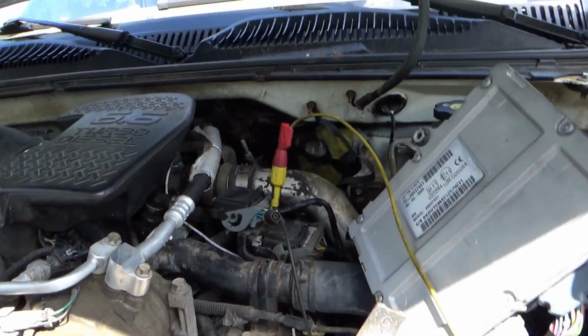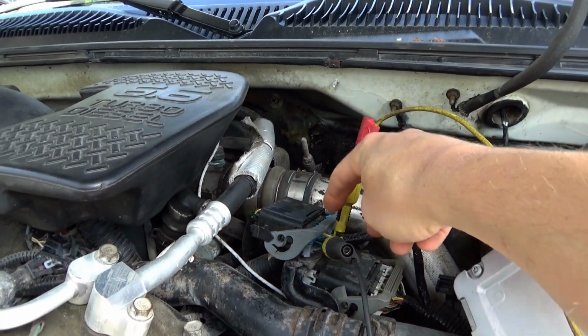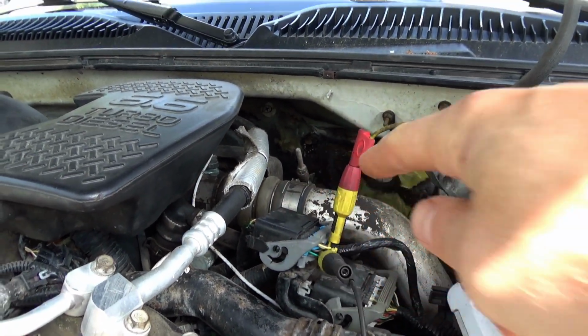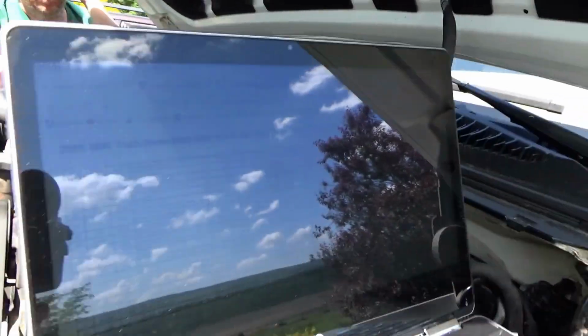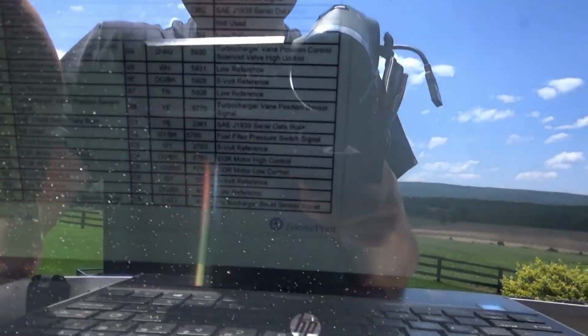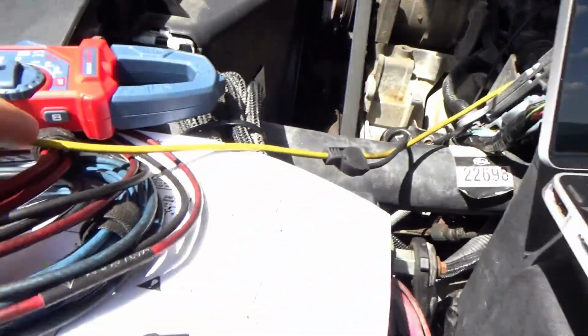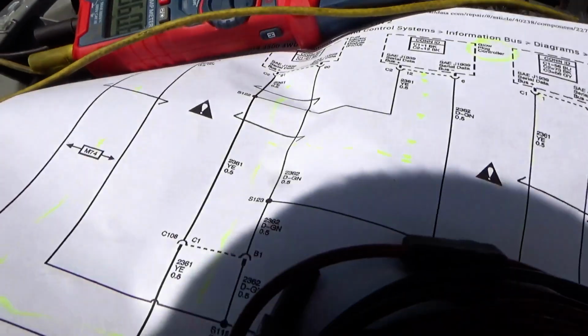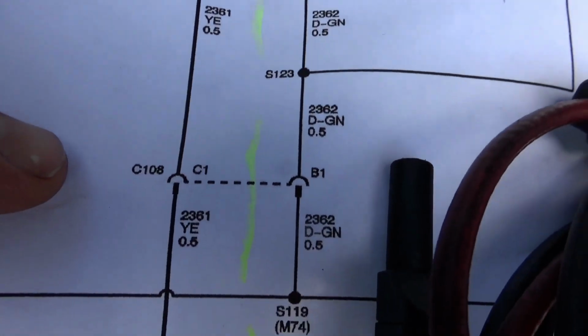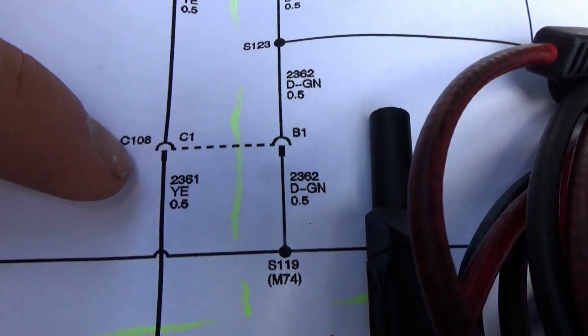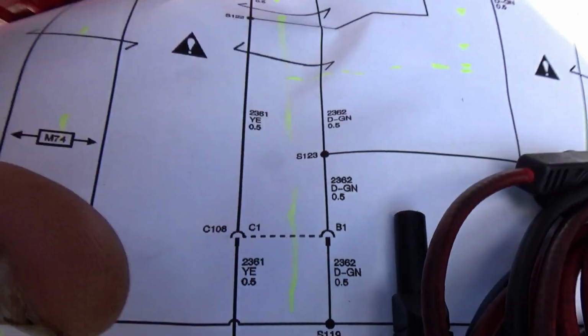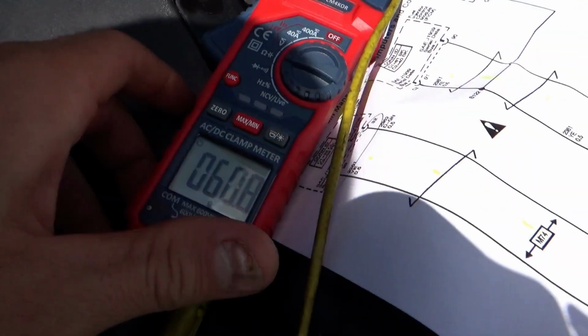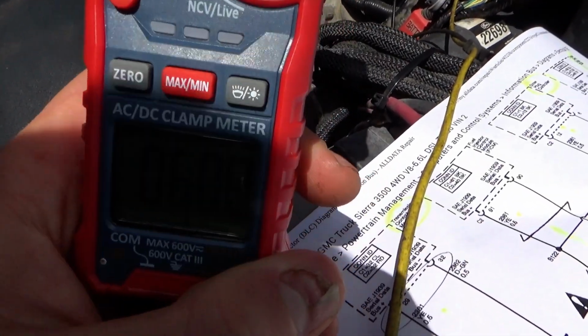Alright, so we got the CAN high and CAN low wires probed. Just poked a couple holes. Hopefully no one gets upset about that. And this is on connector, this one right here, C108, pins C1 and B1. And with the truck off, we can measure the resistance across those, and it's actually 60 ohms.